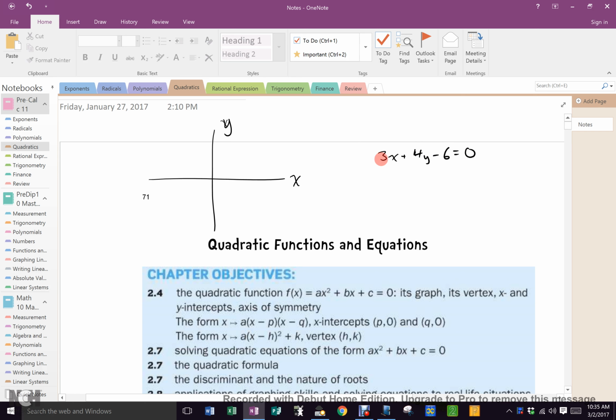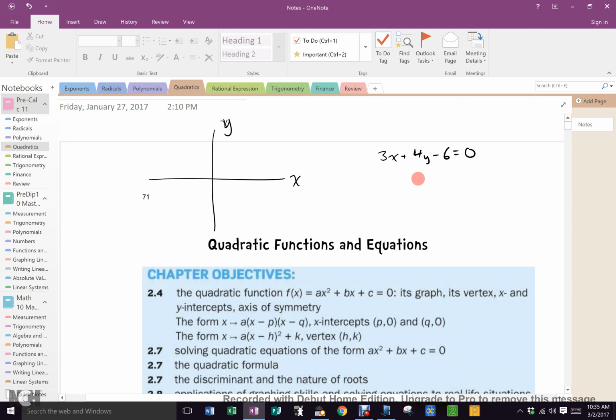You all learned how to take that and put it on a graph. And it made a nice straight line with x-intercepts, y-intercepts. And you learned how to do that by moving it into slope-intercept form and all that, yeah? That will give you a straight line.